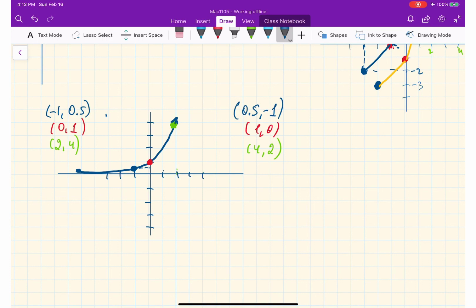Now let's go with the inverse graph. 0.5 and -1. It's going to be right here. 1 and 0, and then 4 and 2.